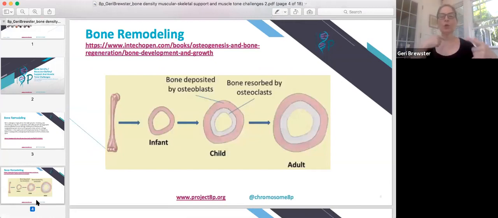So this whole remodeling component: osteoblasts are the cells that are building up bone, and osteoclasts are breaking down bone, and that is constantly happening. There's always this regeneration, but as we're growing, the osteoblast activity is exceeding the osteoclast activity. And then as we age, that can begin to reverse.